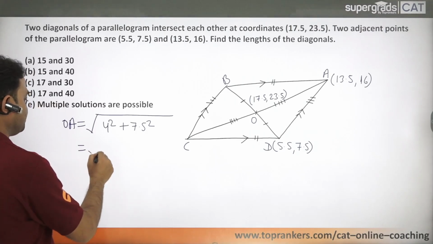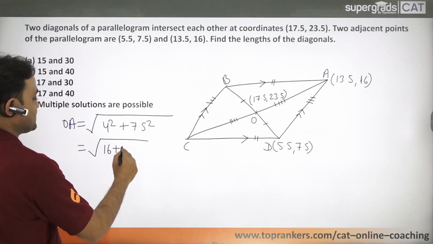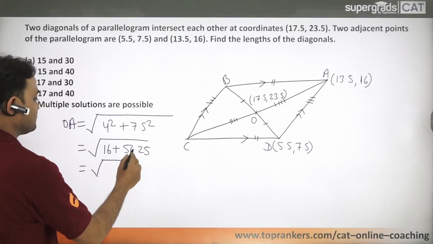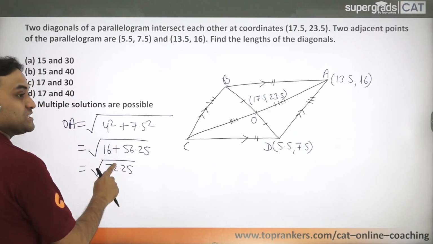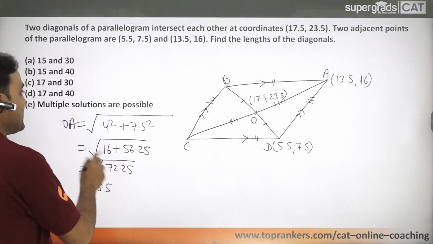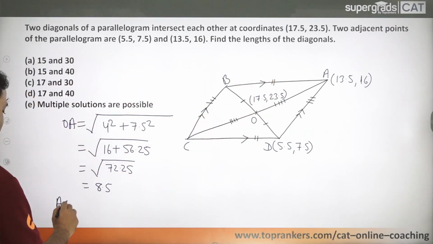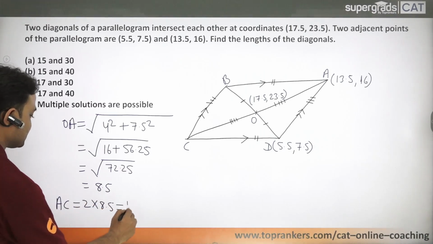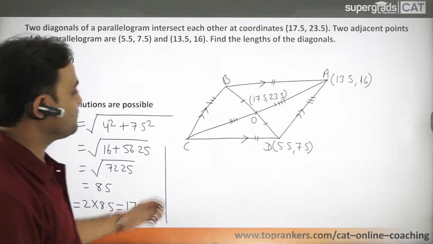This is nothing but 16 plus 56.25, which will give us 72.25. 72 is 8 into 9. So this will become 8.5. So OA is 8.5. We can find AC. What is AC? AC will be just double of OA, which is equal to 2 into 8.5. So this is 17.